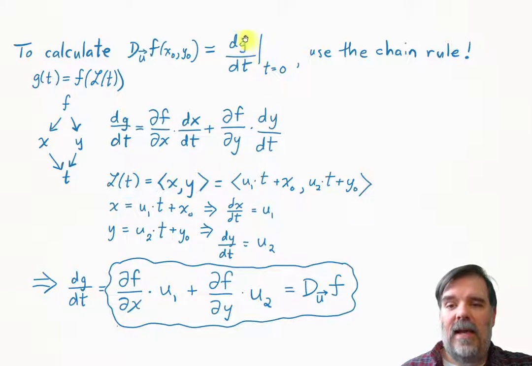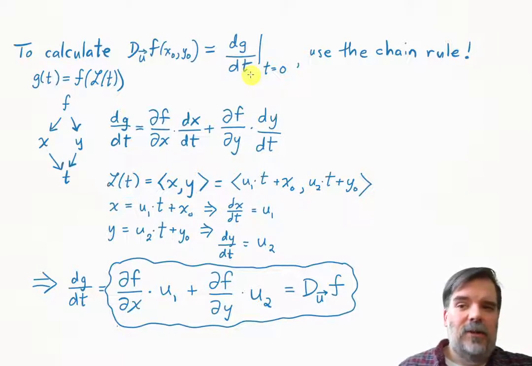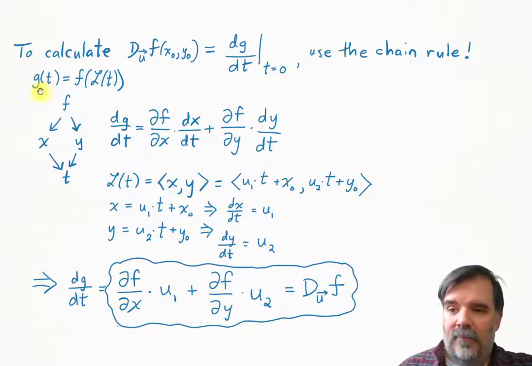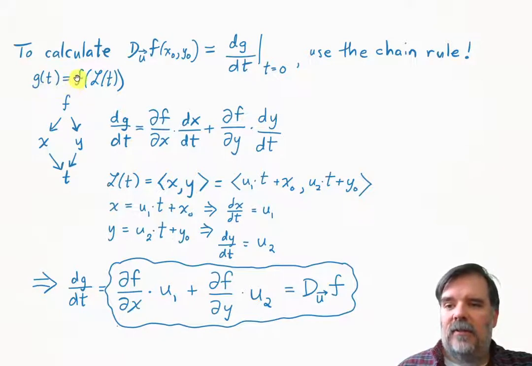Now, in order to calculate dg/dt, which gives us the directional derivative, g is a composition of functions, which means we need to use the chain rule. Since the function f depends on x and y, and x and y depend on t, we have this dependency diagram.